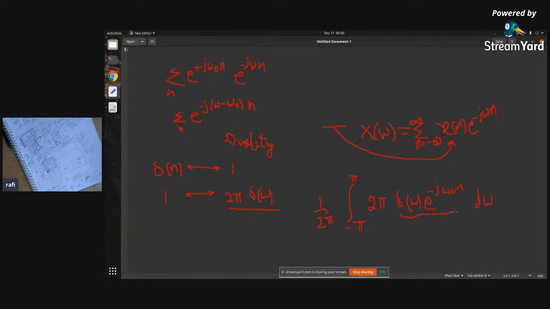And what is this value? It exists only at omega equal to 0, so this will be delta of omega into e power 0, which is 1.